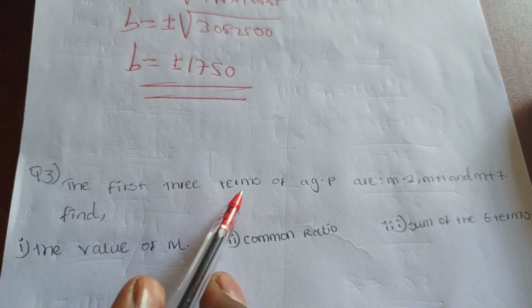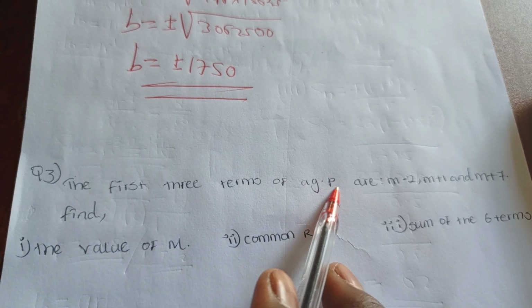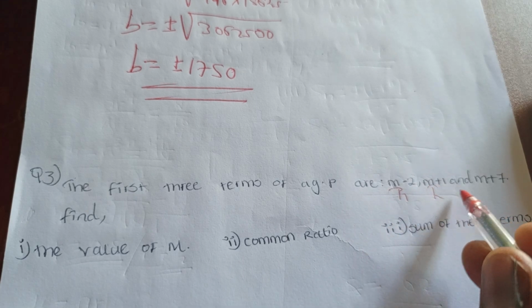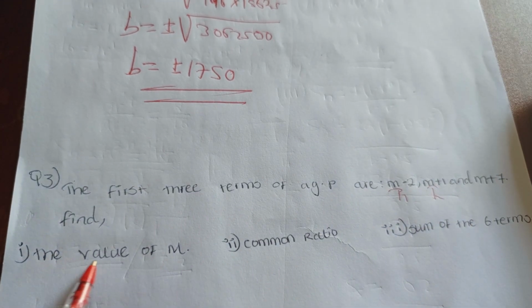So the first three terms of GP are, this one our T1, our T2, T3. So find the value of M.